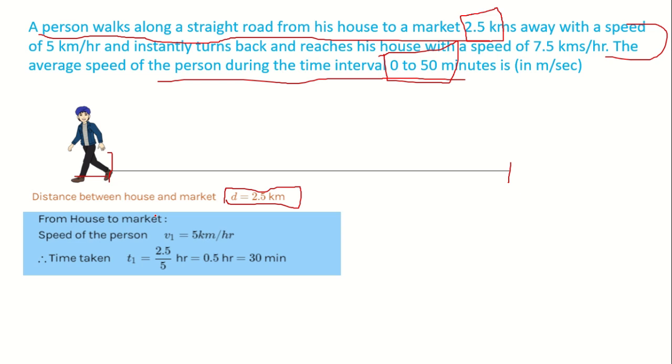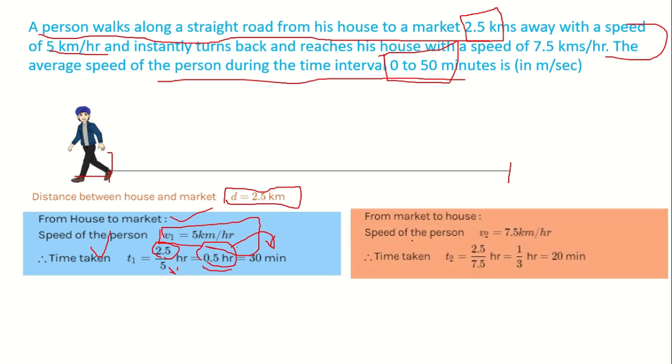We know that from house to market the speed of the person is equal to 5 kilometers per hour, which is given in the question. Time taken is given by distance covered upon the speed, which is equal to 2.5 upon 5, which is equal to 0.5 hour. If we convert this into minutes, it will become 30 minutes.